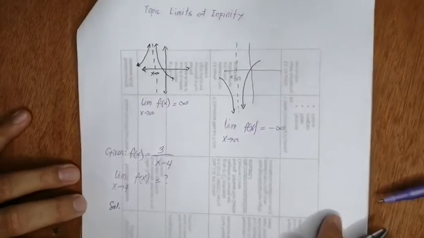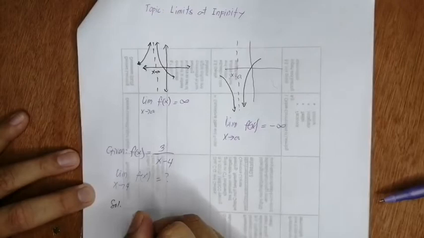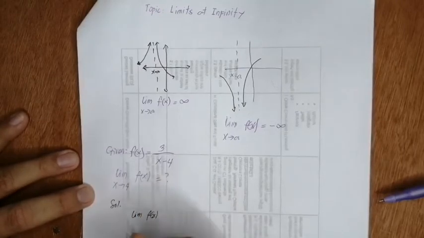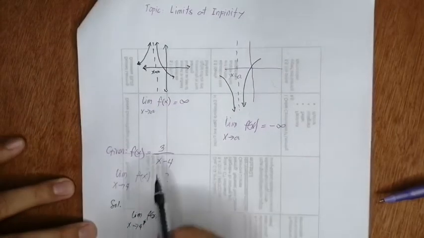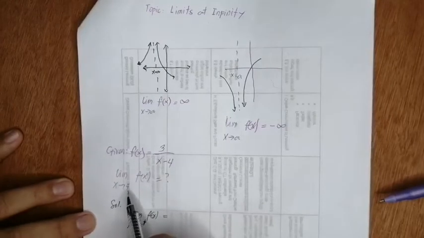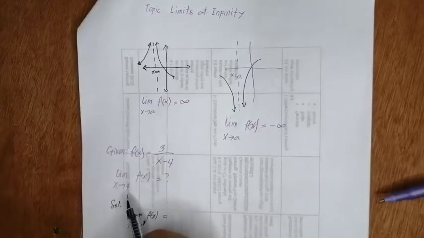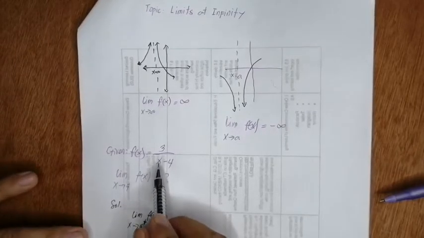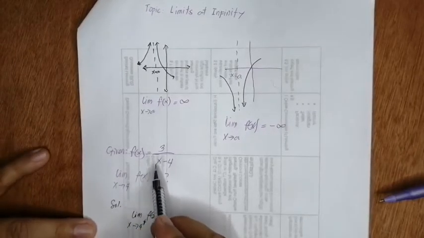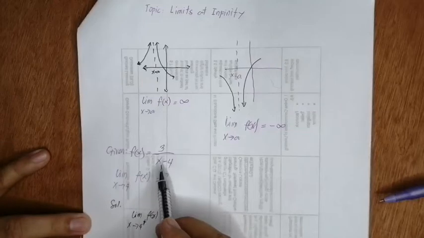So without graphing, pwede naman muna natin tong by inspection. If you have limit of f of x as x approaches 4 from right, so ano mangyayari? So kung from right, ano ba yung mga number na very close doon sa 4 from right? So ang pinakamalapit, let's say 4.01. Okay, 4.01. So 4.01 minus 4 is 0.01.